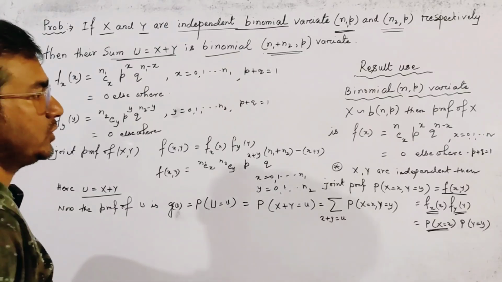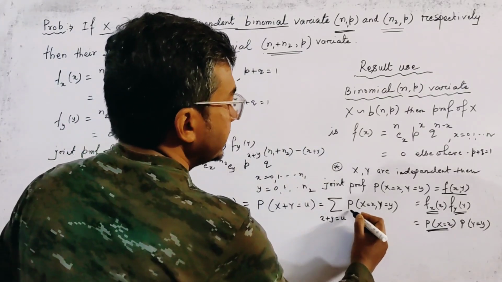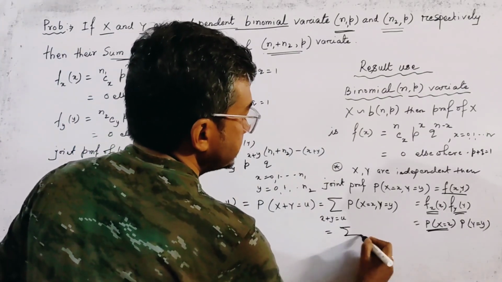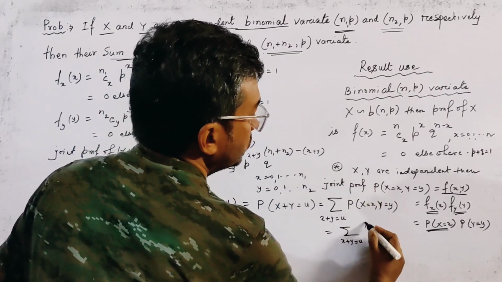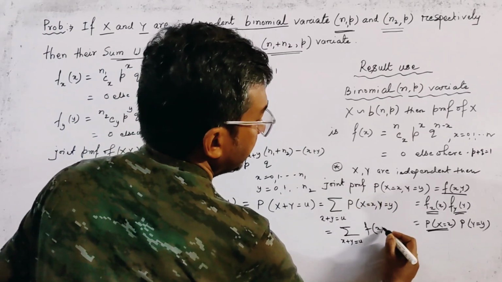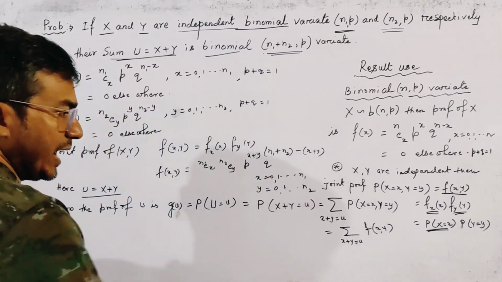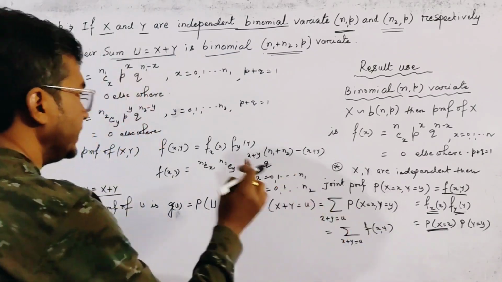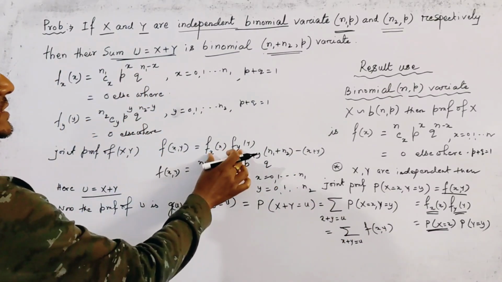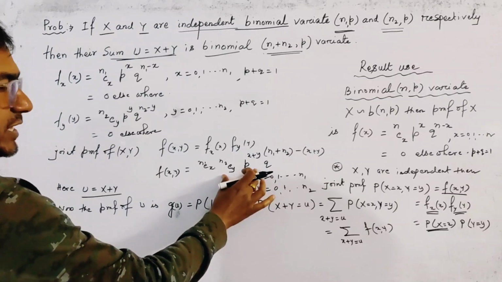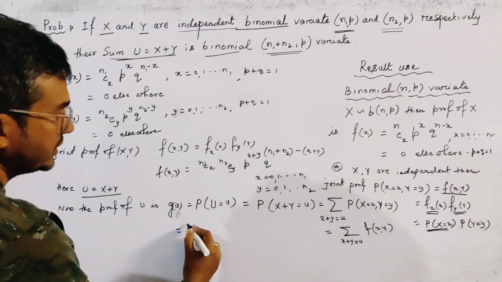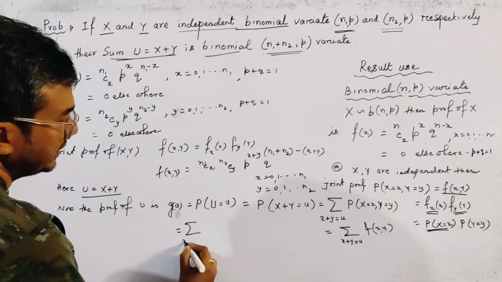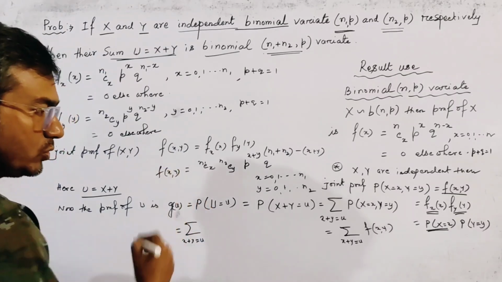And this is nothing but the summation over x plus y equal to u of f(x,y). Okay, and what is f(x,y)? In this case f(x,y) means the joint PMF we wrote earlier.